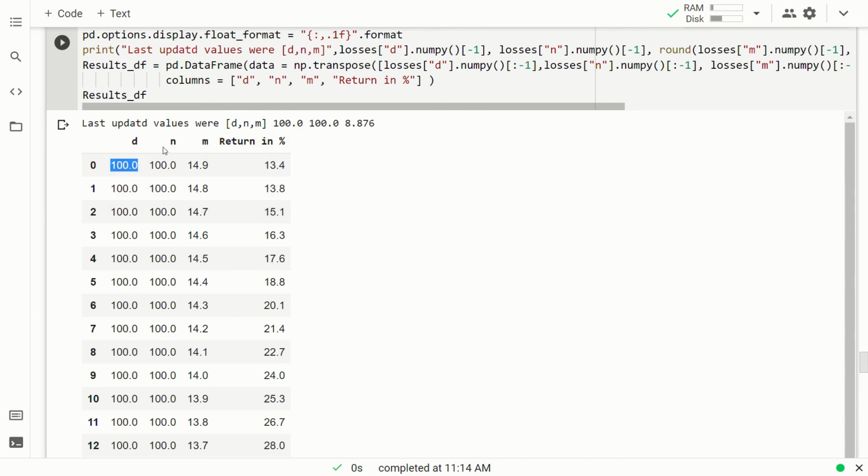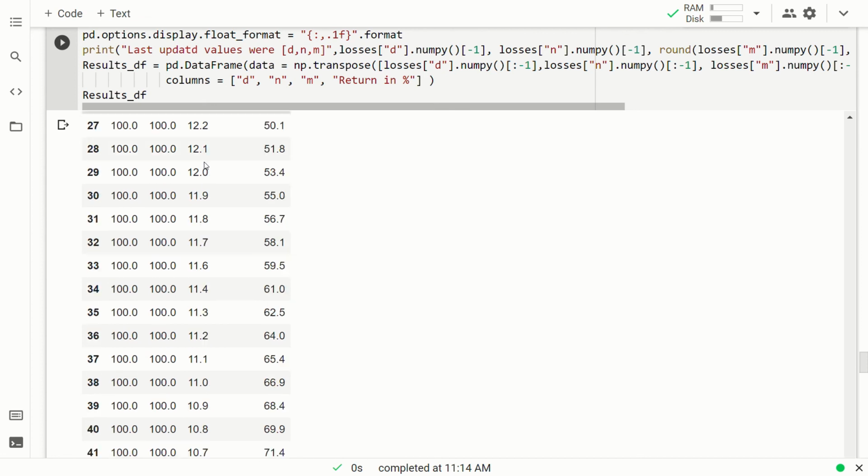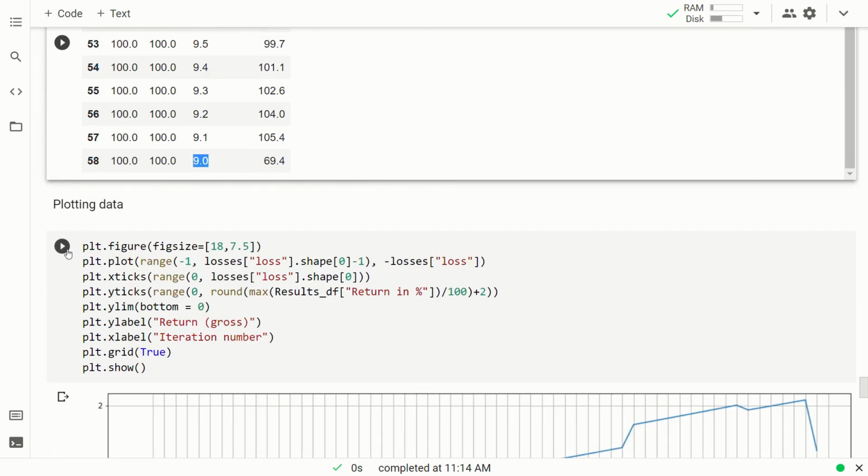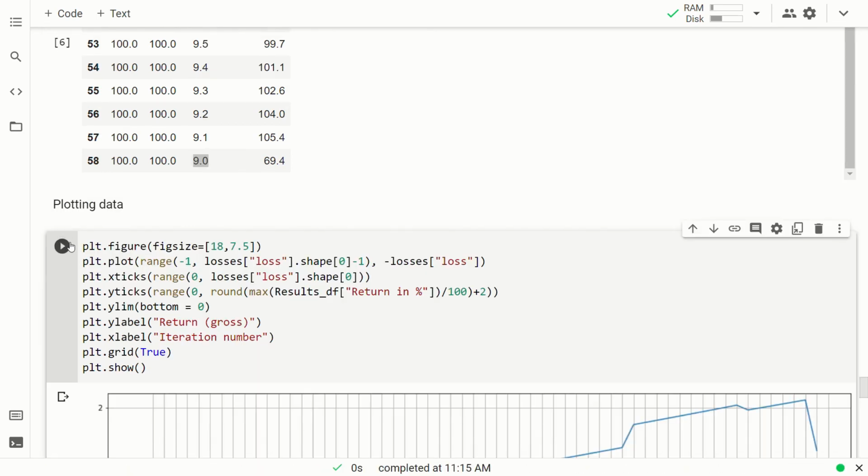I set D and N to 100, and the algorithm was playing with my M parameter. So at the end, after, I don't know, 58 steps, we got an M parameter of 9. Let me show you what happened here.